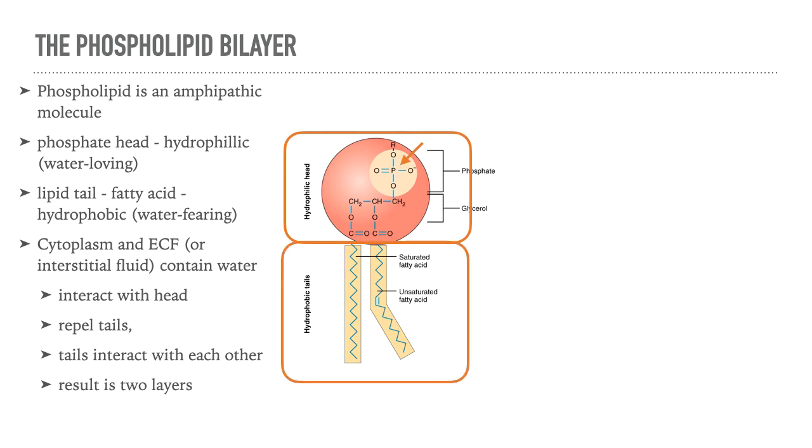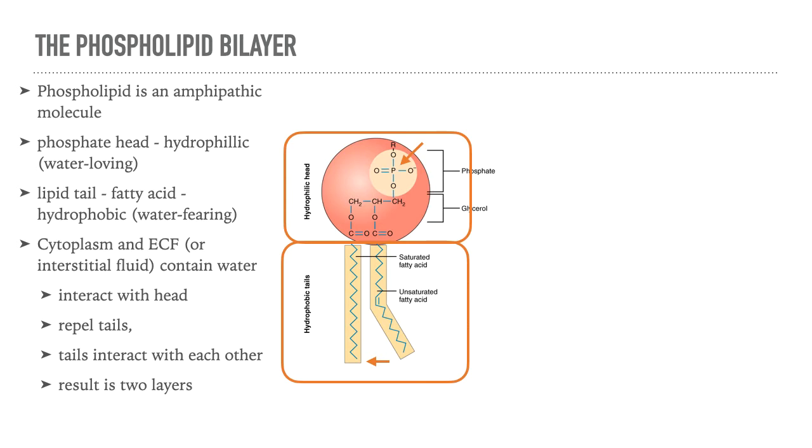The lipid tails, on the other hand, are uncharged. They are nonpolar. We have lots of carbons and hydrogens located here. Basically, these are fatty acids. And we would consider this part of the phospholipid to be hydrophobic, meaning it is water-fearing.